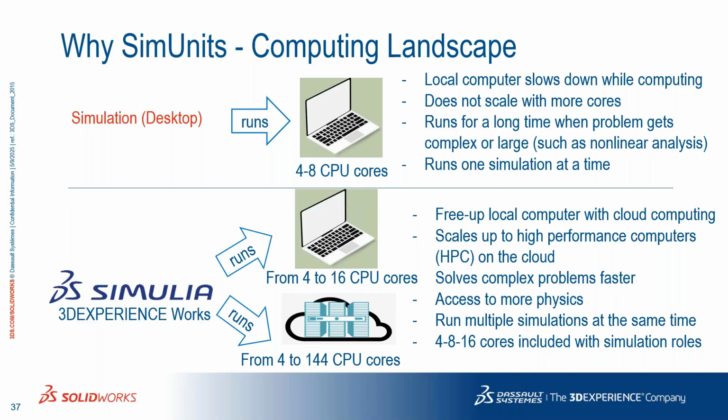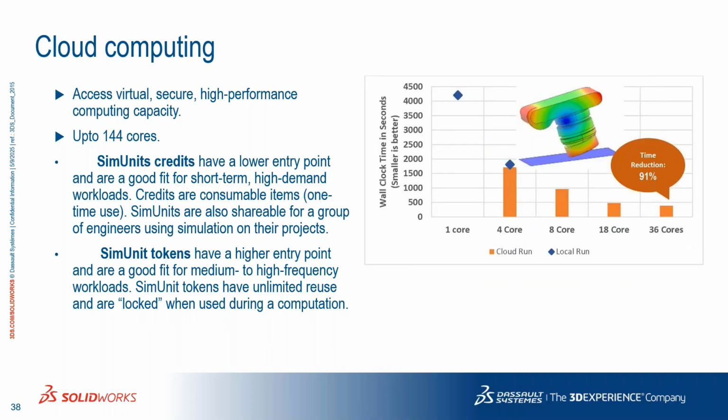Of course, 8 cores you get with the software, but if you want to upscale it to even 144 cores, yes, we have something called tokens and credits, where you can upscale the simulation up to 144 cores also. Why cores? Every time we talk about cloud computing, why are cores important? If I go further in this slide, you can see a comparison with a very basic example where a person is dropping a camera geometry from a certain height.